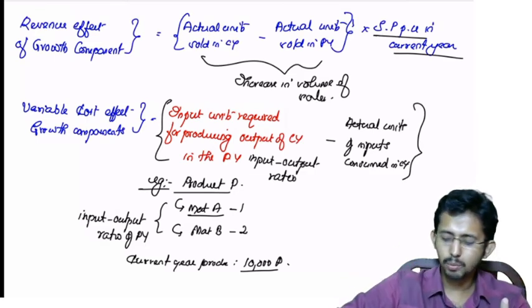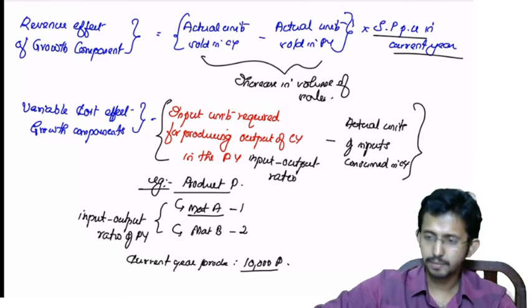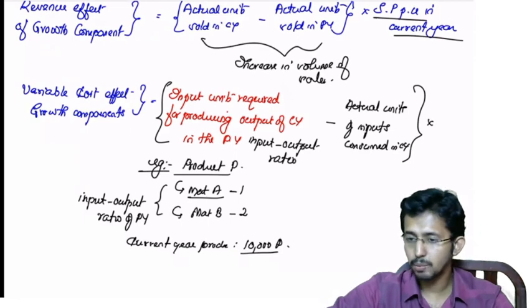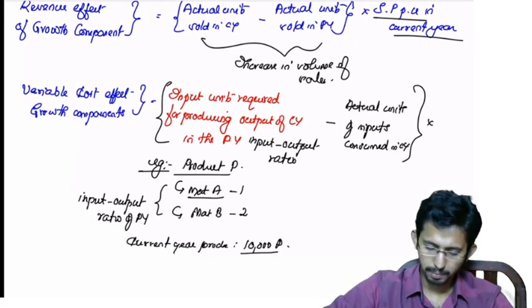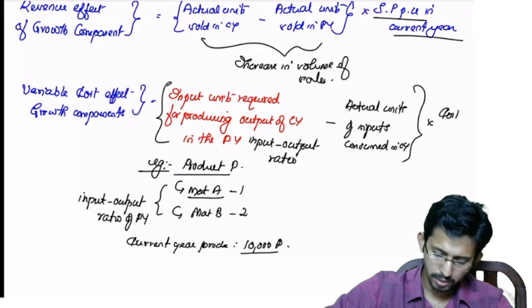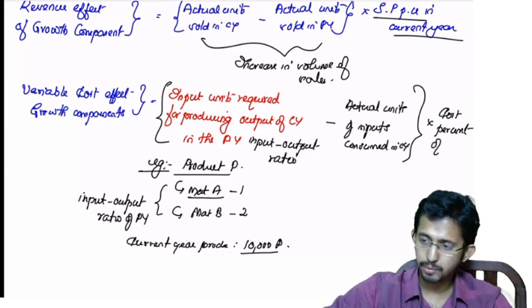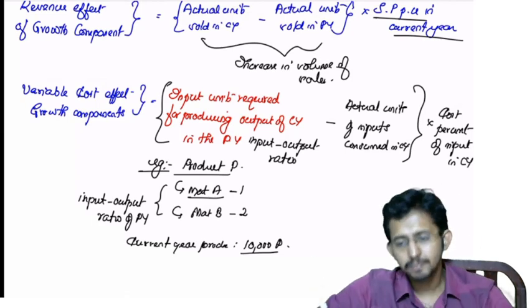The second leg was the actual inputs for the current year production. This multiplied by price or cost per unit of input in current year.